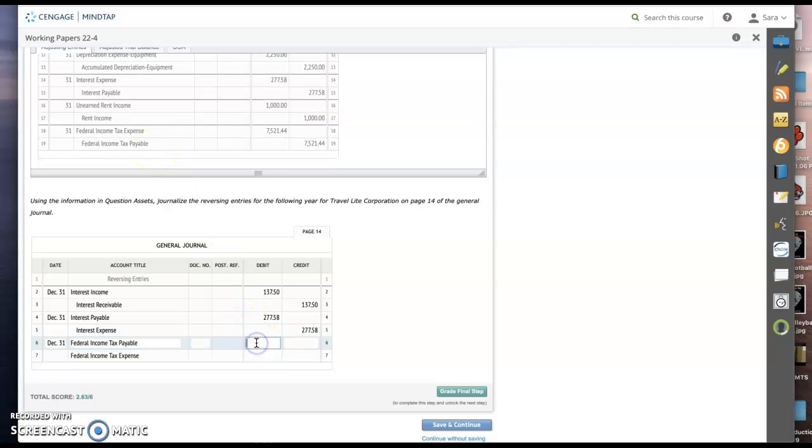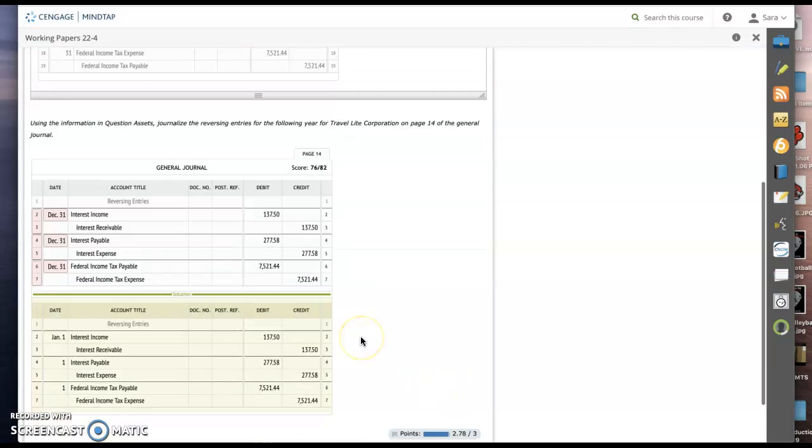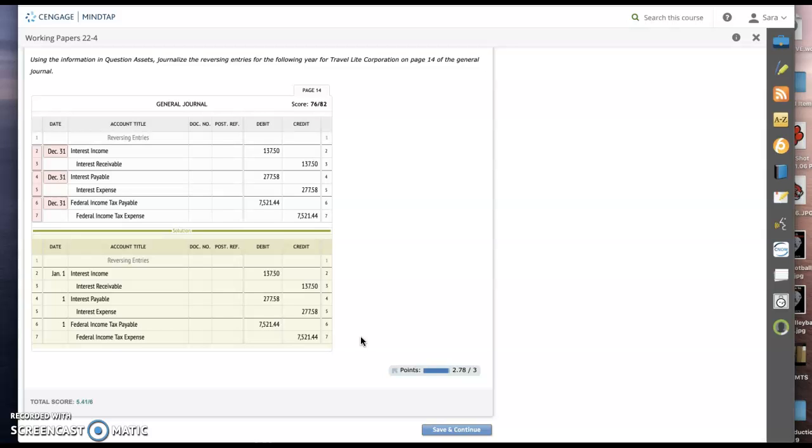And so that amount is $7,521.44. And I will grade this and we'll see. Oh, and I had our date wrong. Our date should be the 1st of the year. So just get that corrected and then you should be good.